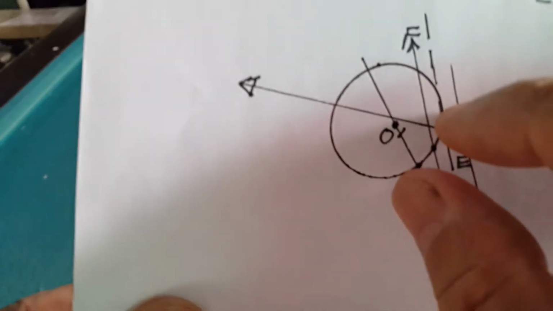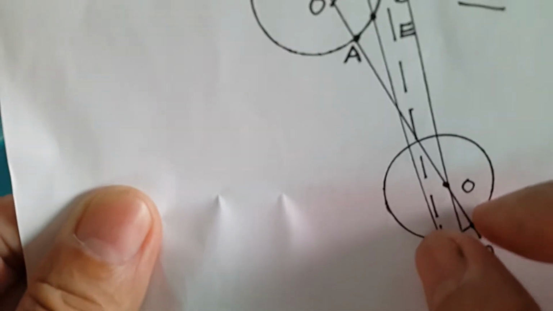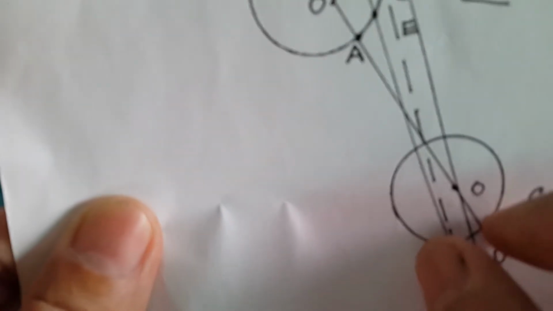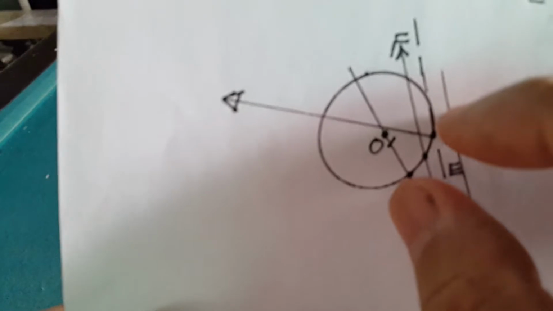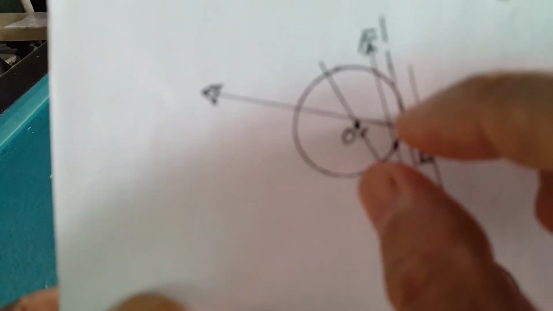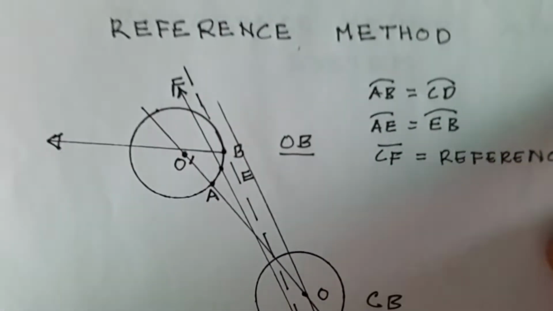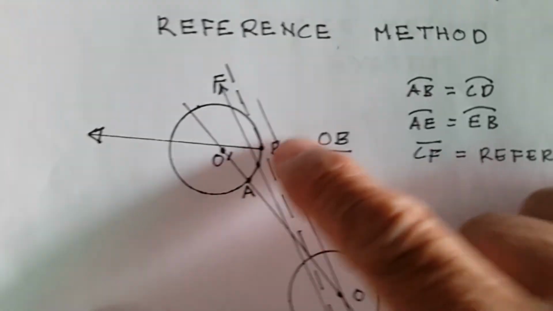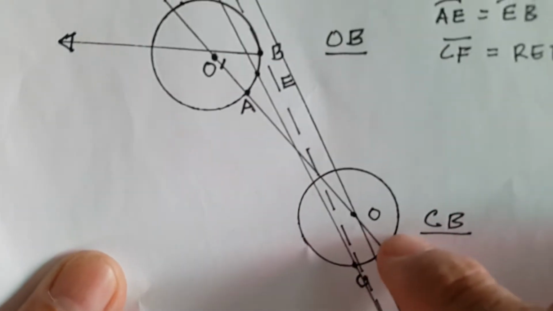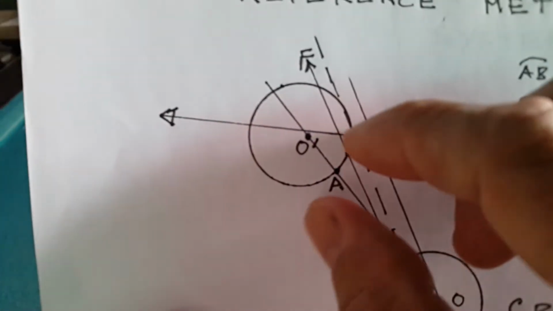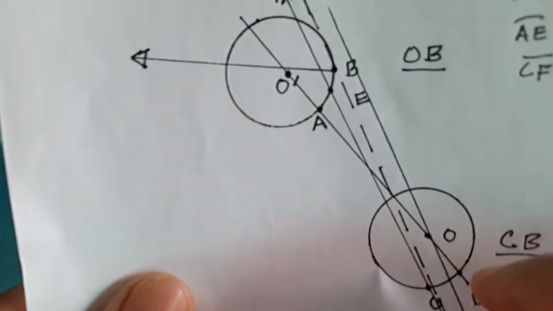After which, this distance we have to transfer here on the cue ball. So this arc length is a replica of this arc length on the object ball. So arc length EB is equal to arc length CD. They are equal.